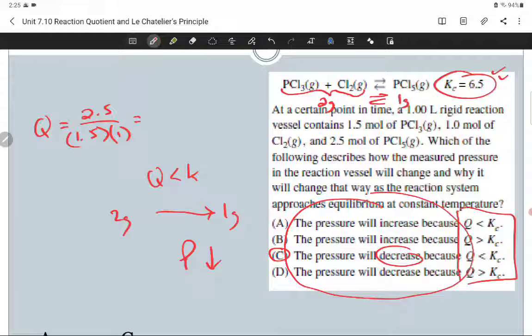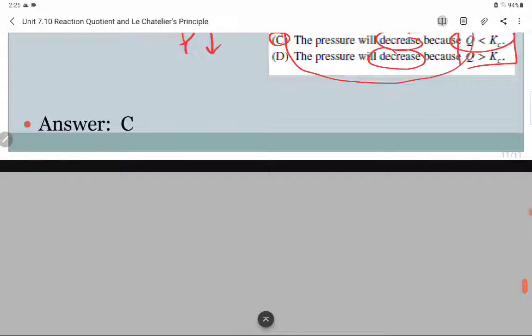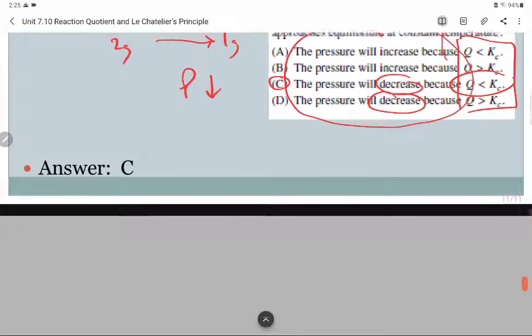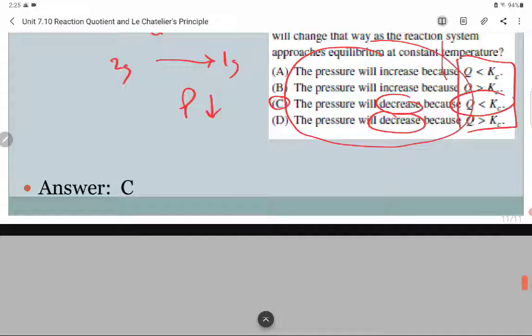So decrease or decrease. Well, why is it C instead of D? Because K is greater than Q or Q is less than K, whichever way you want to look at it. I think that might be it. It is. So remember that for homework, you might have to do a quadratic question, but you will not be doing quadratic for any test questions or any AP test in May question.